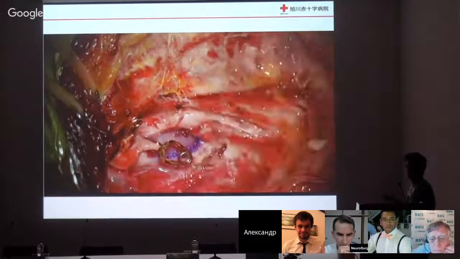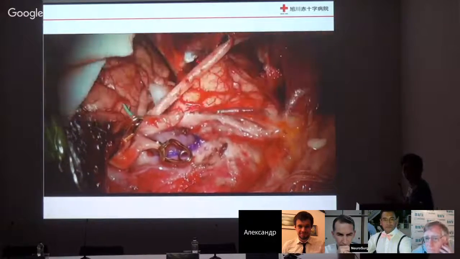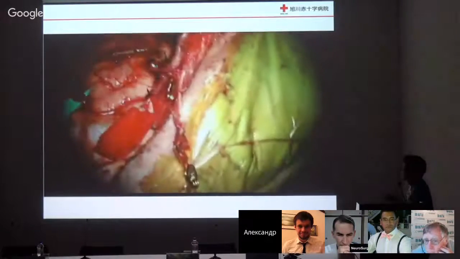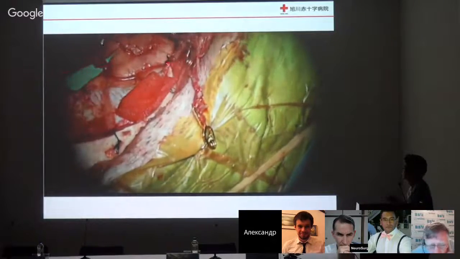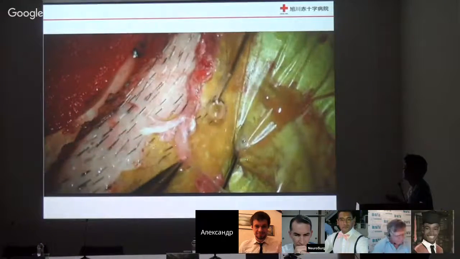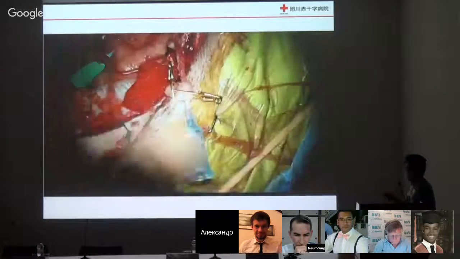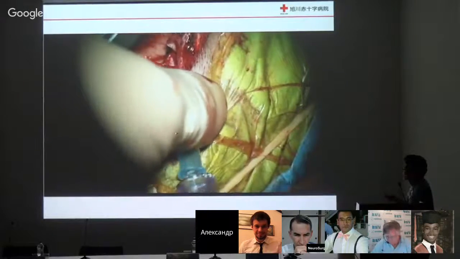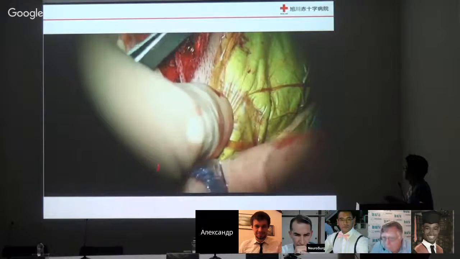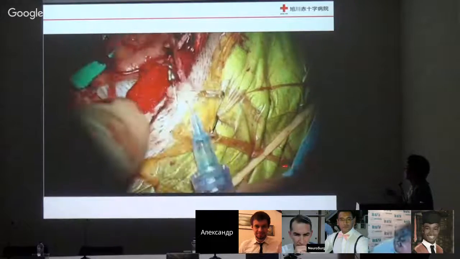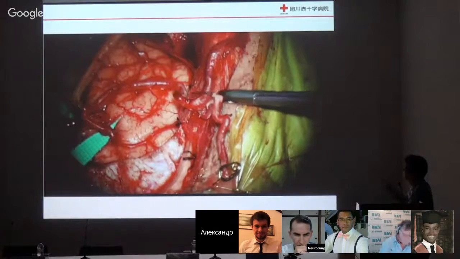This anastomosis has no risk of cerebral ischemia. Now perform MCA pressure monitoring. Insert a needle and connect to the pressure transducer.